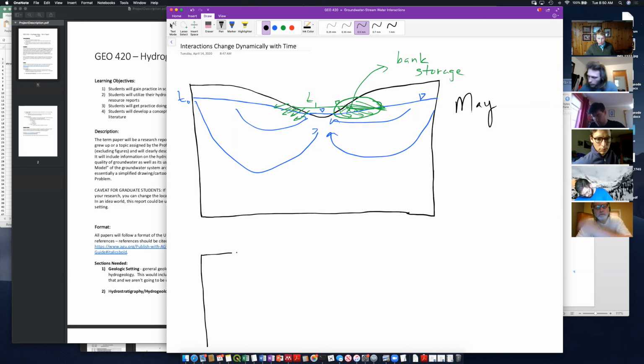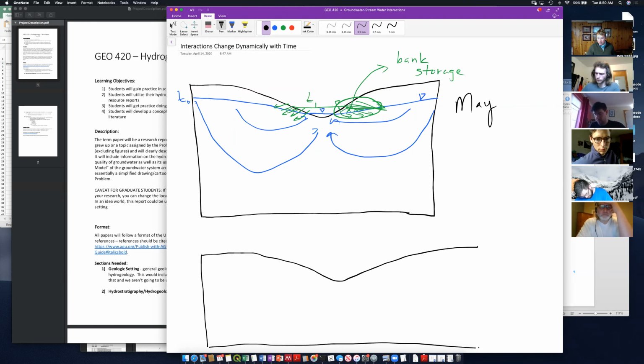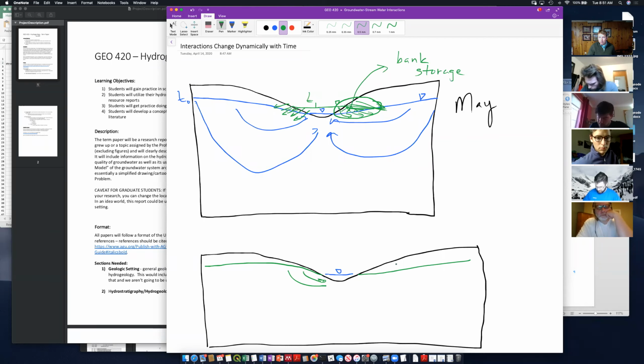As the water level starts to recede in July, the water level comes back down, and our new bank storage water will come back into the stream. So we dynamically store water in the banks and then release it.